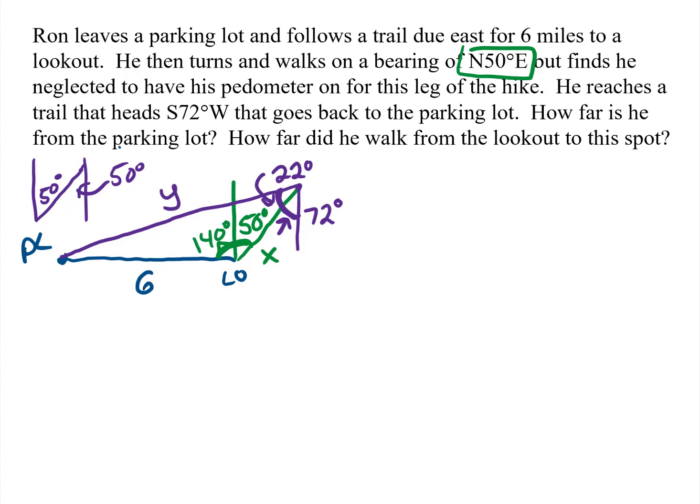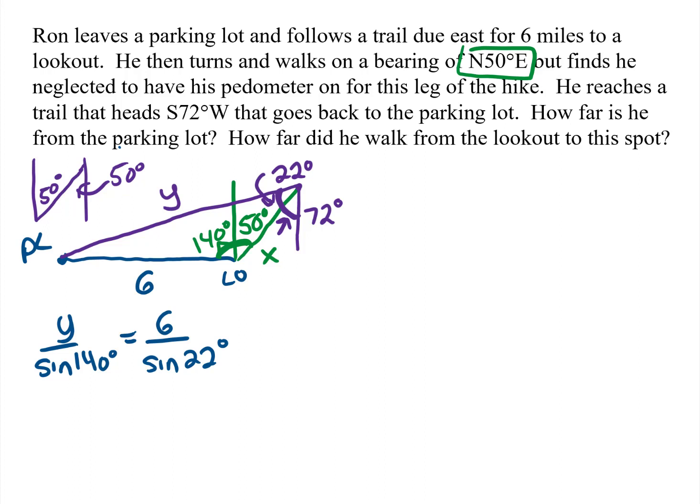So I can use the law of sines now to find what I'd like. Let's go ahead and find Y first, how far it is back to the parking lot. Setting up the law of sines, I have Y over the sine of the angle opposite Y, which is 140 degrees, and that's going to equal the side I know, 6, over the sine of the angle opposite 6, and that's the 22 degrees.